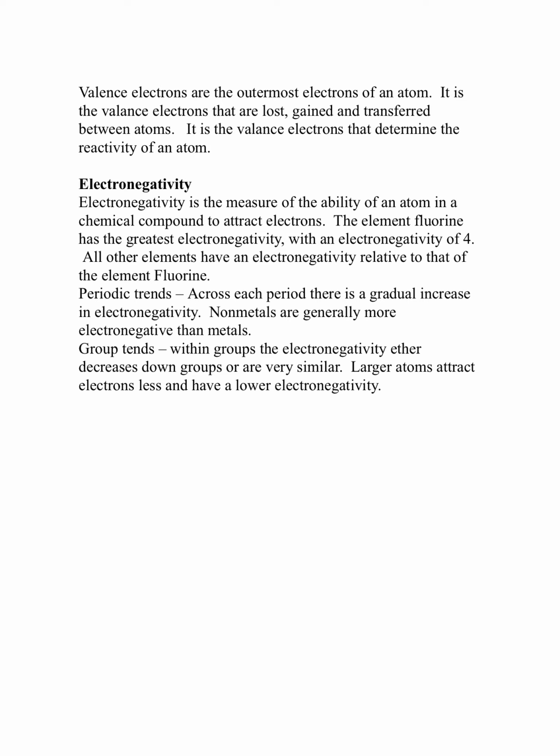So if an atom loses an electron or gains an electron, and they're transferred between atoms, that is a chemical reaction occurring. And it is those valence electrons that actually determine the reactivity of an atom.